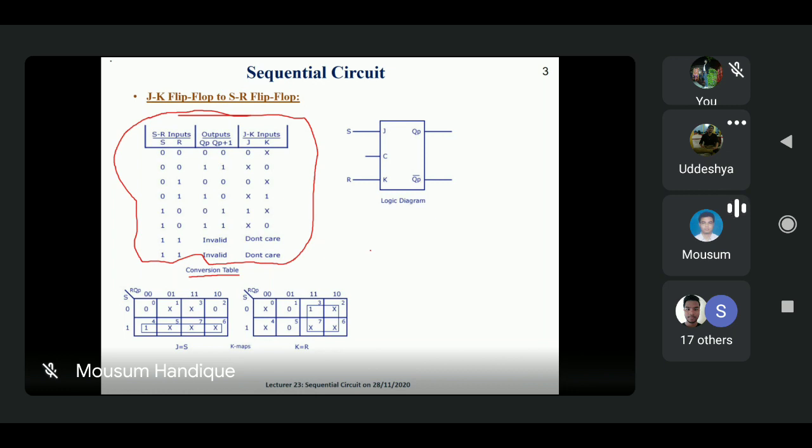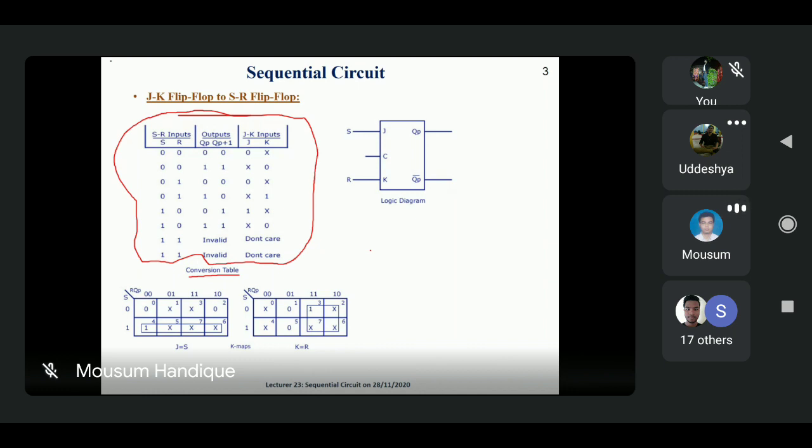You must know, when we were discussing the SR flip flop, if you go to the state table of the SR flip flop, when S equal to 1 and R equal to 1, what happens? The next state we cannot determine. That means it is an invalid state, the indeterminate state.